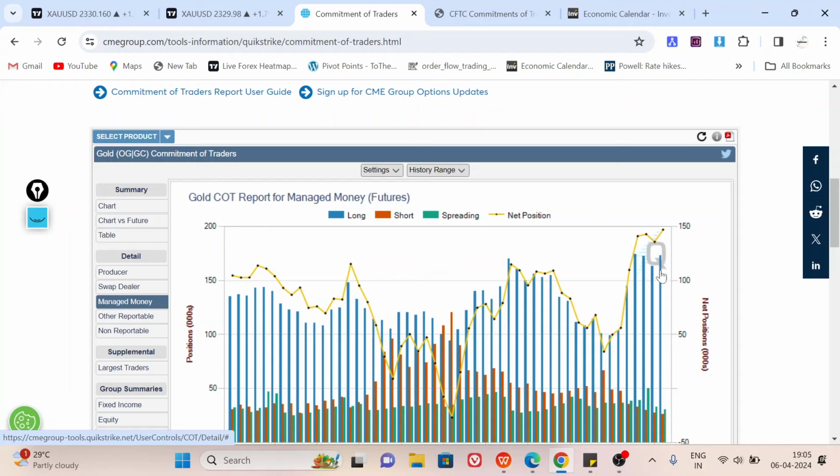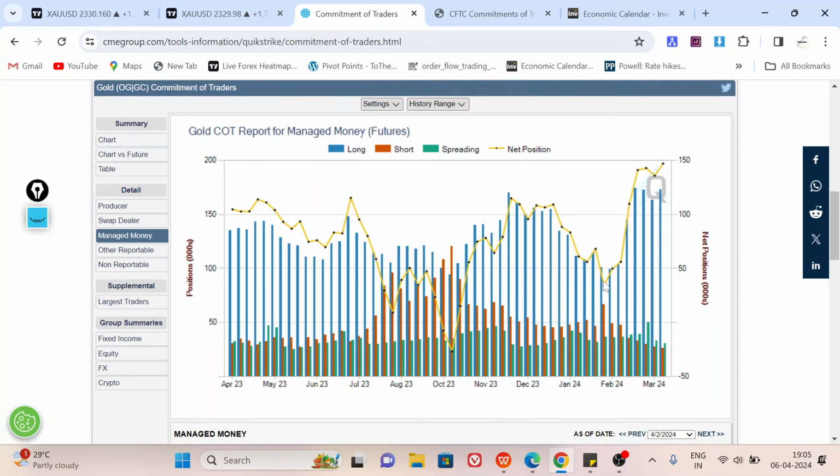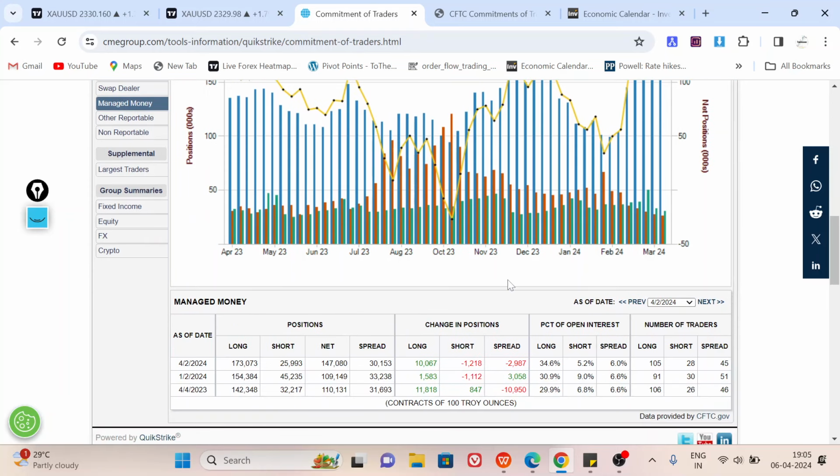This blue bar is the net long positions of the managed money, and it is around a 2-year high. So this is a super bullish situation because the net long position is at the highest right now. Overall, the sentiment for this particular COT report is in bulls' favor again.